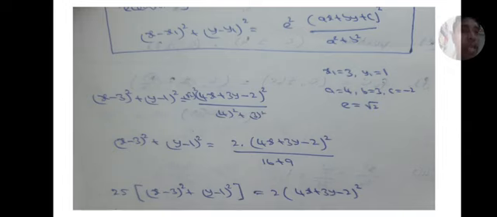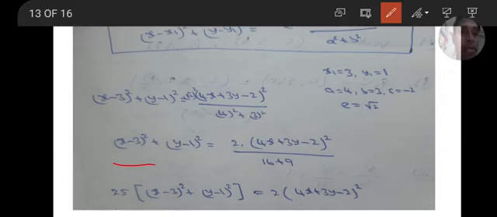So simplification, we get x minus 3 whole square plus y minus 1 whole square equals root 2 whole square, means square root cancels, 2, into (4x plus 3y minus 2) whole square by 4 square means 16, 3 square means 9, 16 plus 9 means 25.